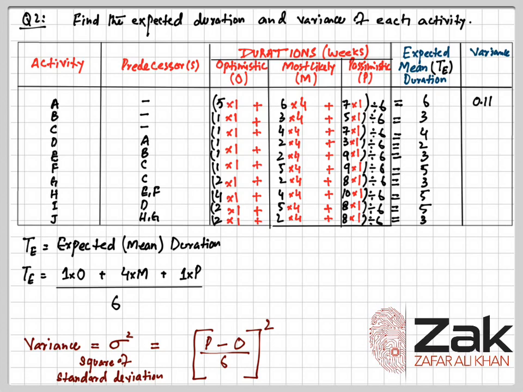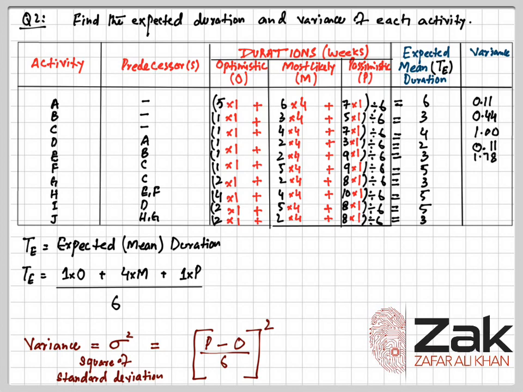So we are going to take the same for every activity, as in pessimistic time minus optimistic time, divided by 6. For activity B, it is 0.44. For activity C, it is 1. For activity D, it is 0.11.